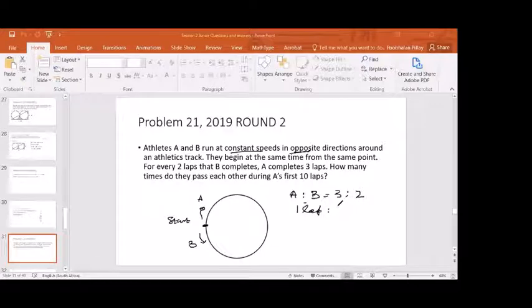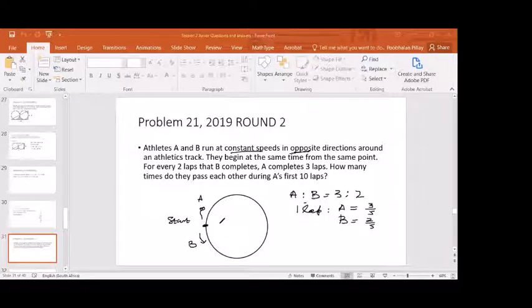So in 1 lap, A would have covered 3/5, and B would have covered 2/5. So now we're dividing 1 lap. I want to see where they meet, where they meet the first time.